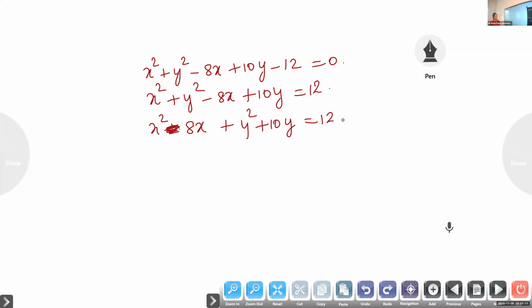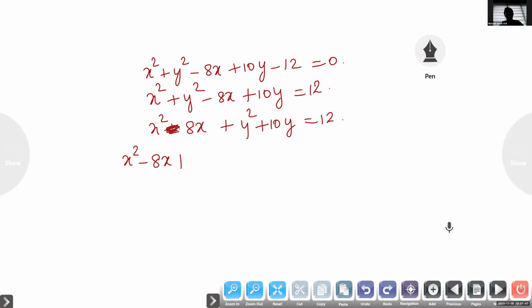Then, Gayatri, what is the next step? Add half the coefficient of x, the whole square on both the sides. So, x square minus 8x, what is the coefficient of x here? 8, so half of it means 4.